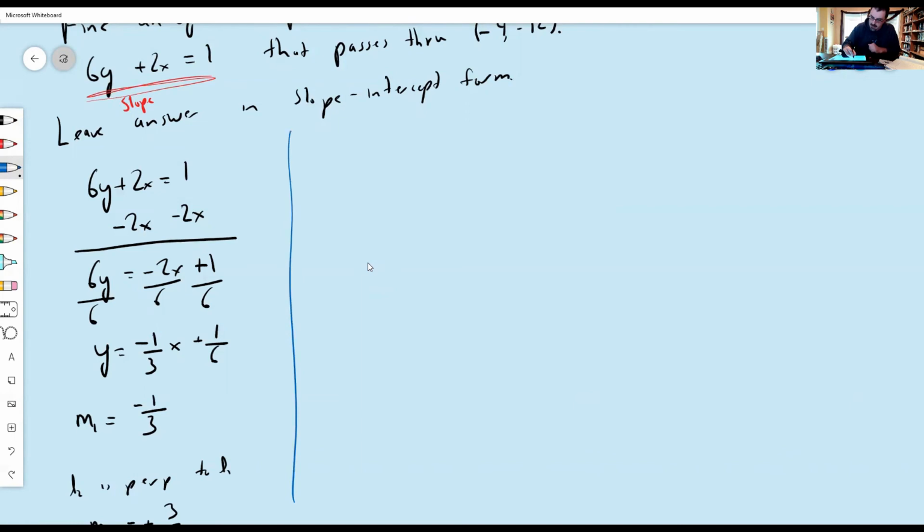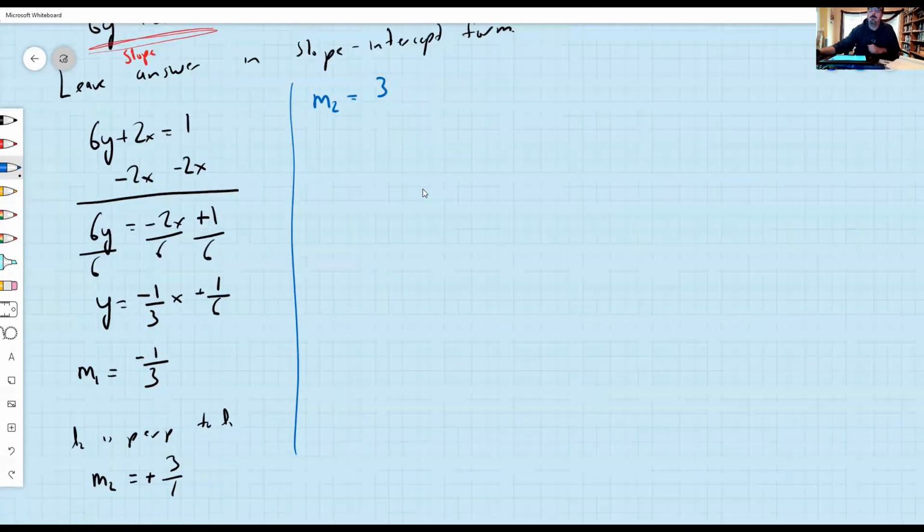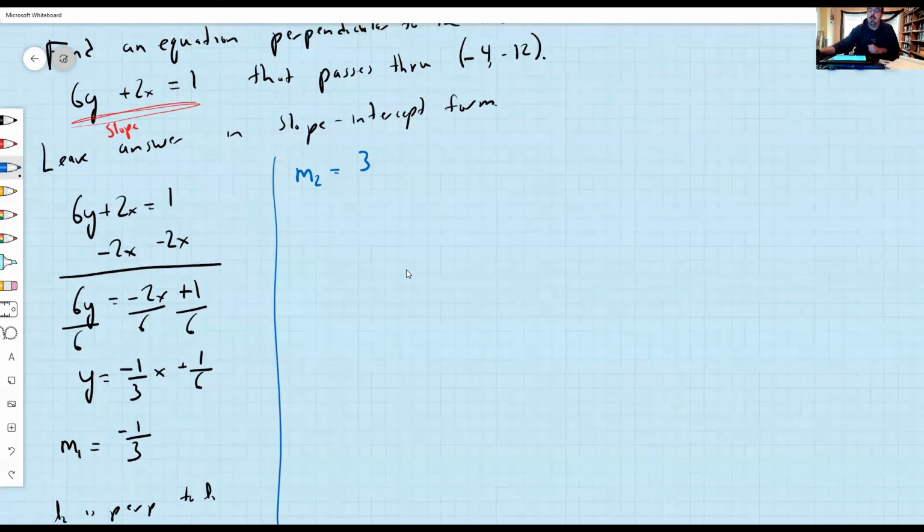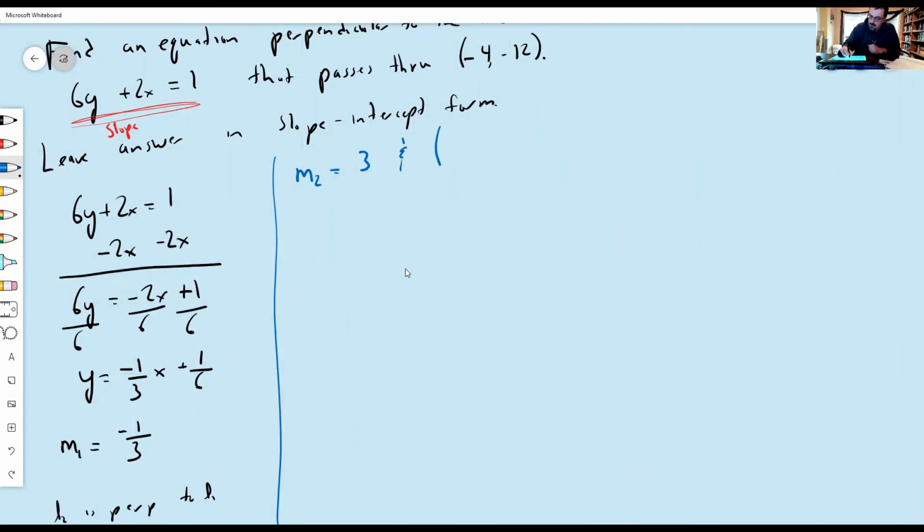So now we have M2 equals positive 3 and we pass through the point (-4, -12).